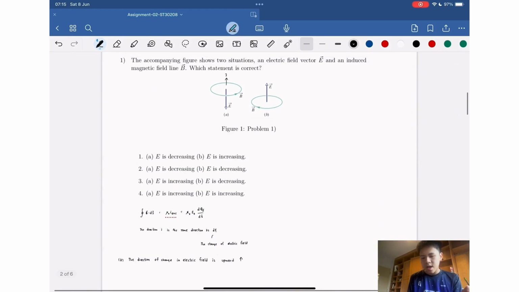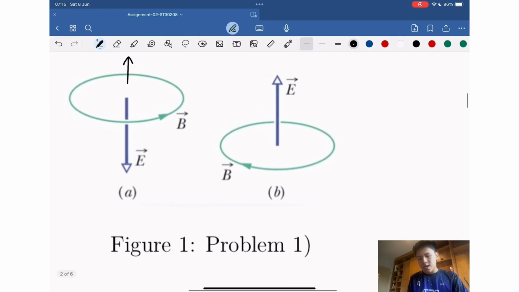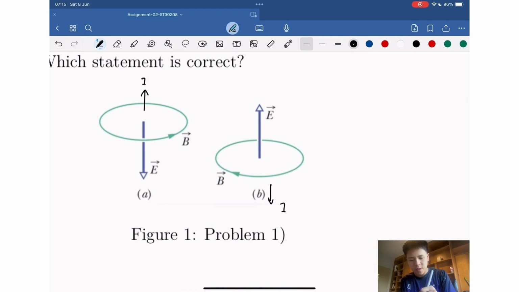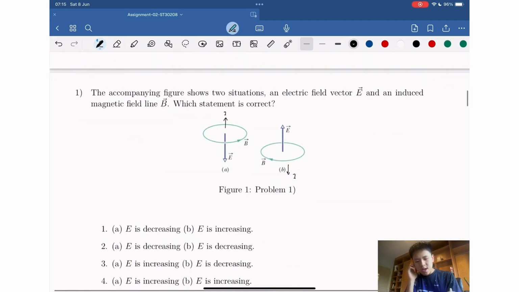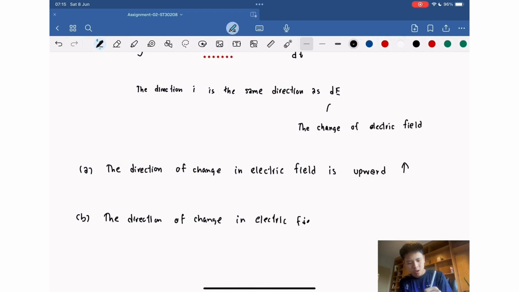Okay, and in the same way in figure B, the direction of B is clockwise, so I will be downward. So the direction of I will be downward. Therefore in figure B, the direction of the change in electric field is downward.